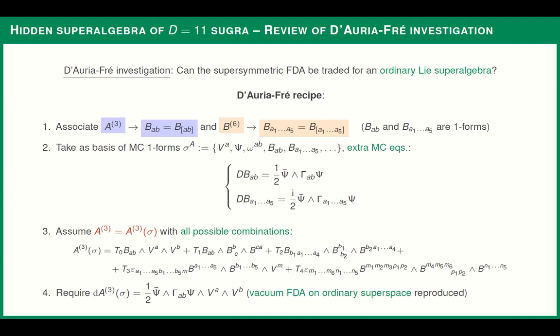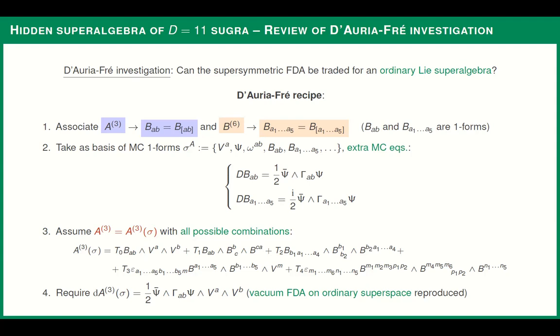How? Requiring that this ansatz, this parameterization of the free form, is indeed a good parameterization in the sense that it fulfills the bound differential algebra requirement of ordinary superspace once we take the derivative of E3 written in terms of one forms.